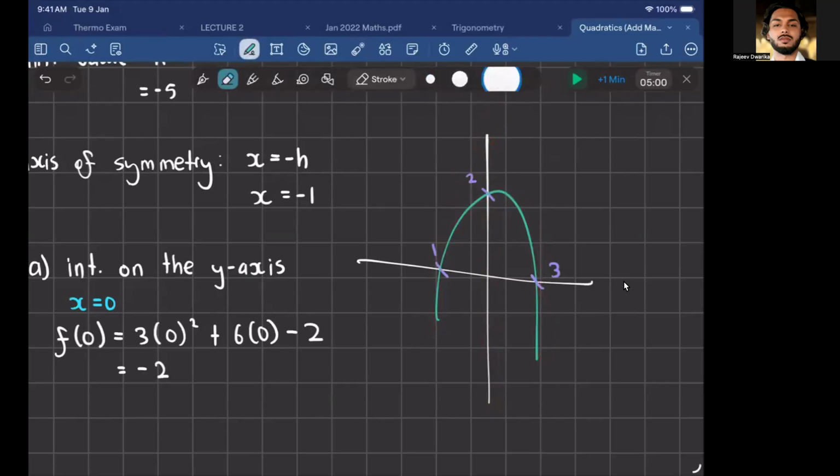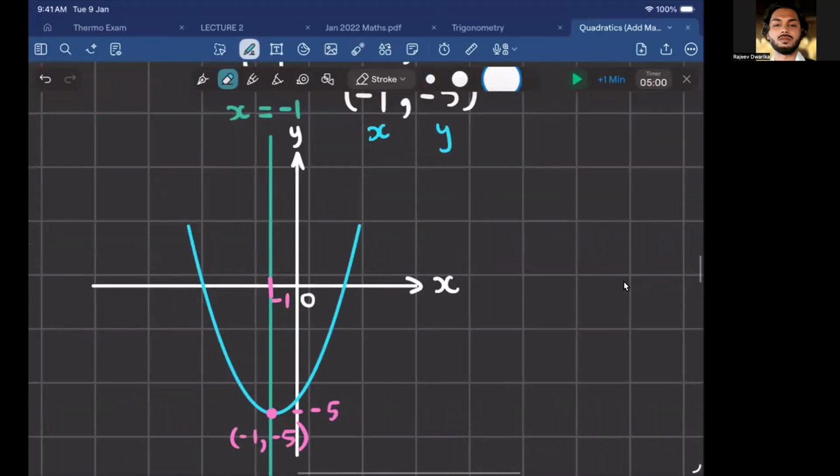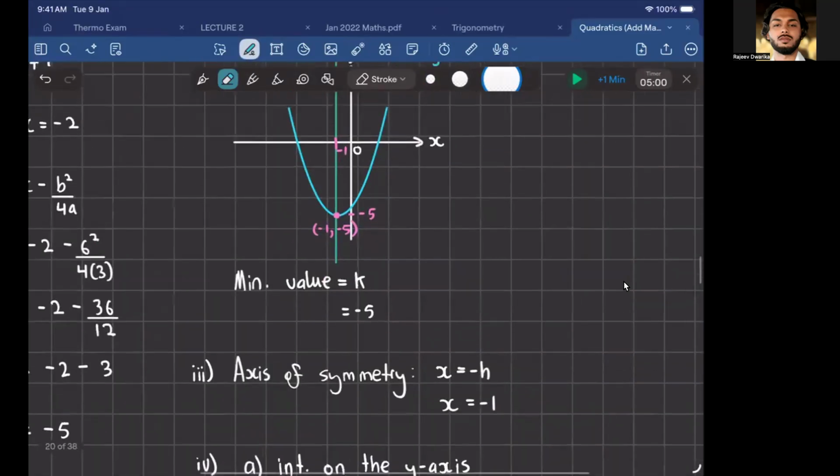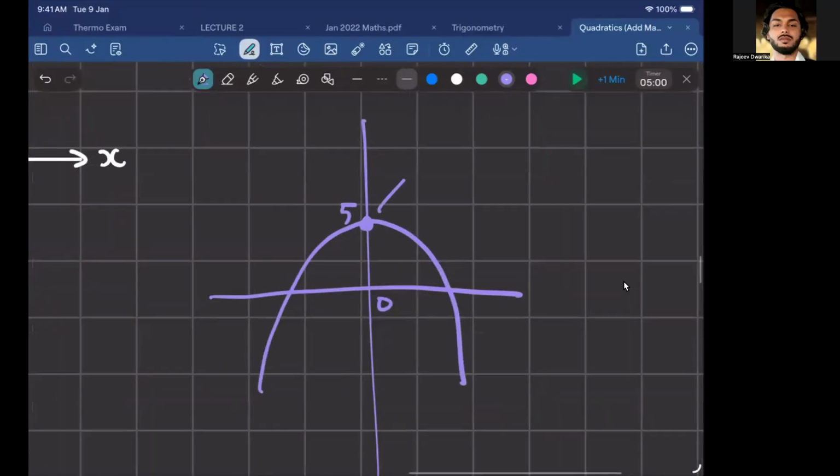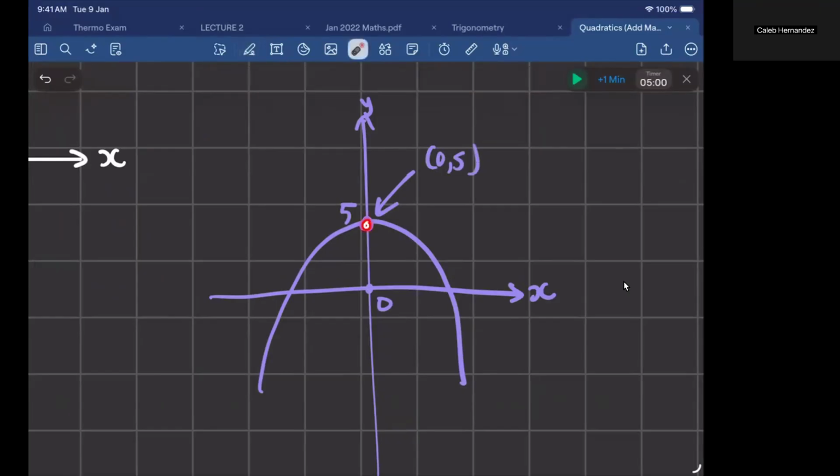Now, I want you to understand something. If you are on the y-axis, that means the x value is 0. I could give you a quick example. Could you read off this point for me? 0,5. Yeah, exactly. It's almost 0,5, right? Because if you're on the y-axis, did you move left or right?